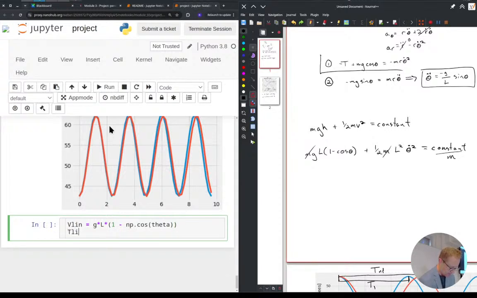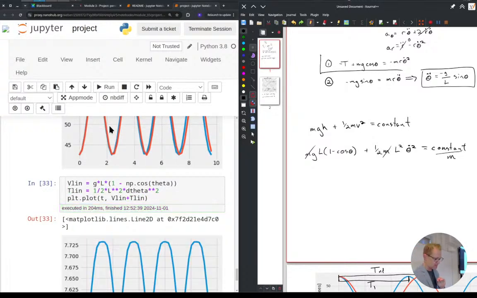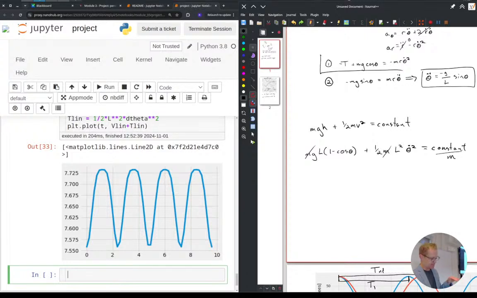My kinetic energy for linear is going to be 1/2 times L squared times d theta squared. And if I add those two up, it should be a constant. But it is not.